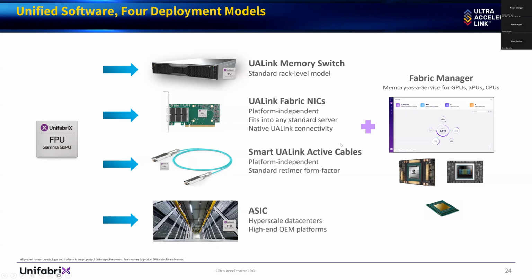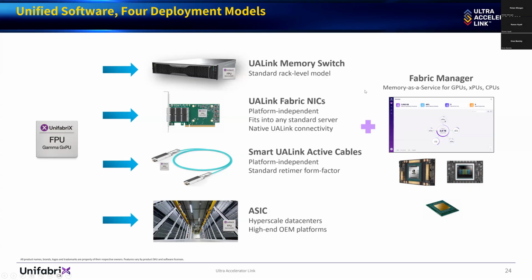The silicon can also fit into an active cable, so it becomes a smart UALink active cable, something that looks like a standard retimer form factor, where the cable does the magic of exposing the memory between the servers and the accelerators. And of course, it can come as the ASIC itself in high-end applications.